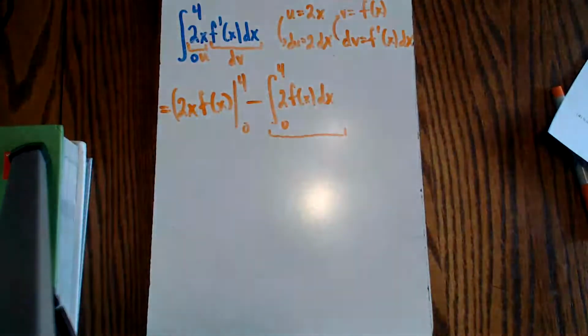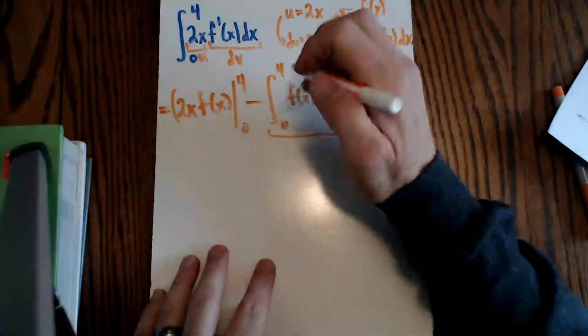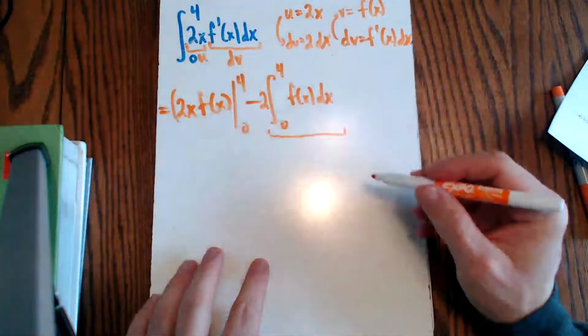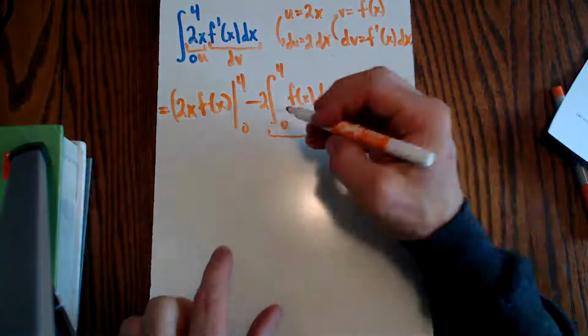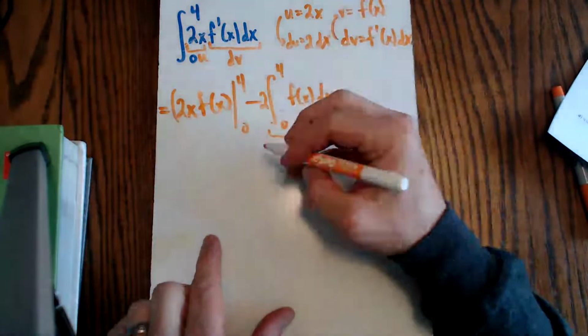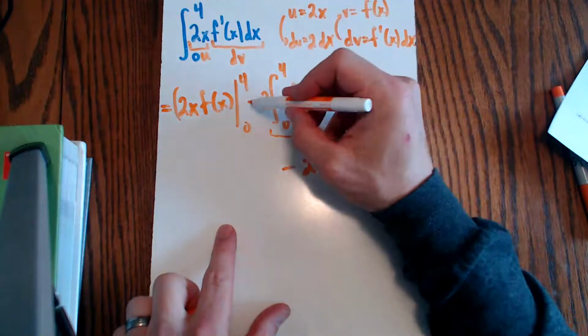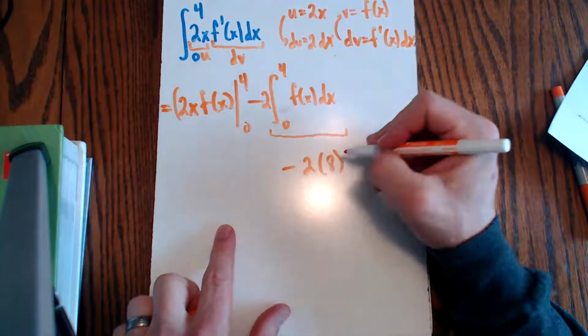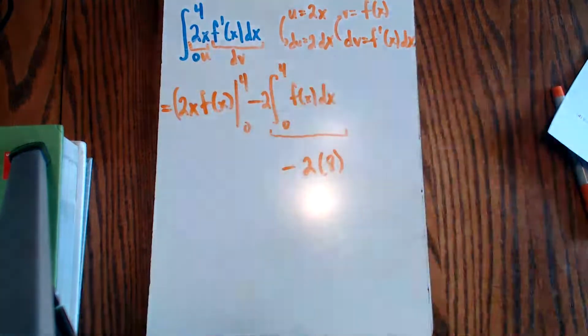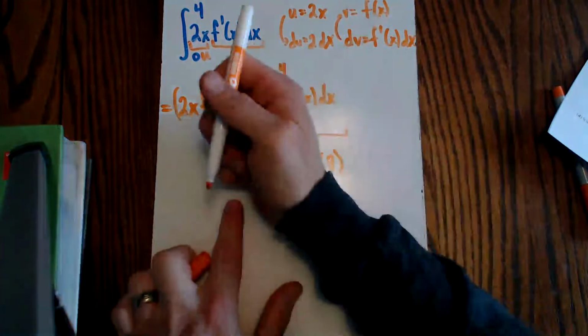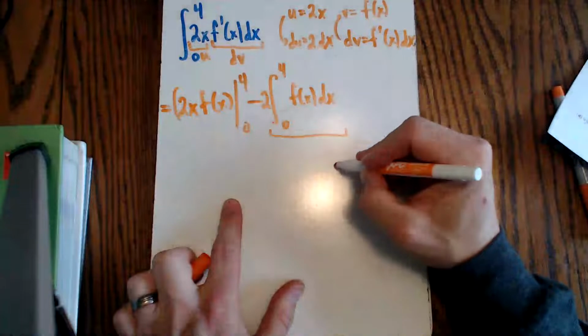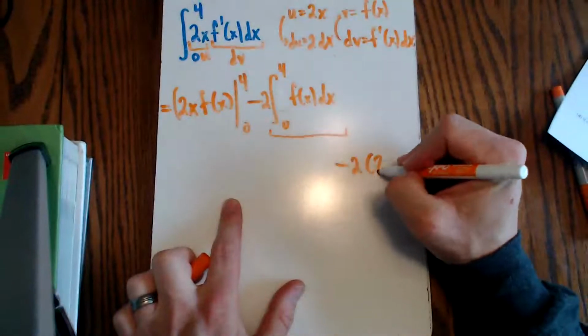So that's going to be 2 times 8. You can bring this 2 out because it's a constant factor. So this whole mess here, you don't have to do any more work with. You just have to recognize you've been given it: minus 2 times 8, because the integral of f from 0 to 4 was 8. Let me make a little room and move that over here.